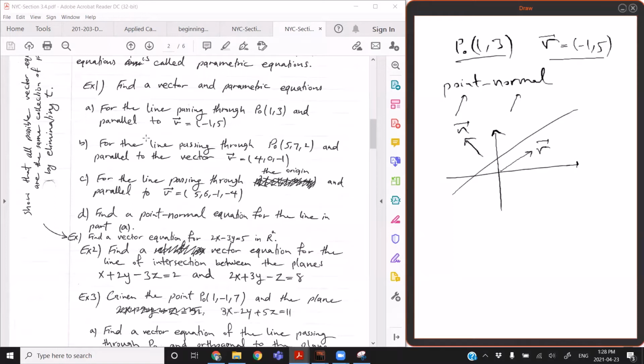If they are orthogonal, that means their dot product is going to be 0. Can you think of a vector that would be orthogonal to this? You just need a vector so that when you multiply them using the dot product, you get 0. What is the most obvious answer to this?